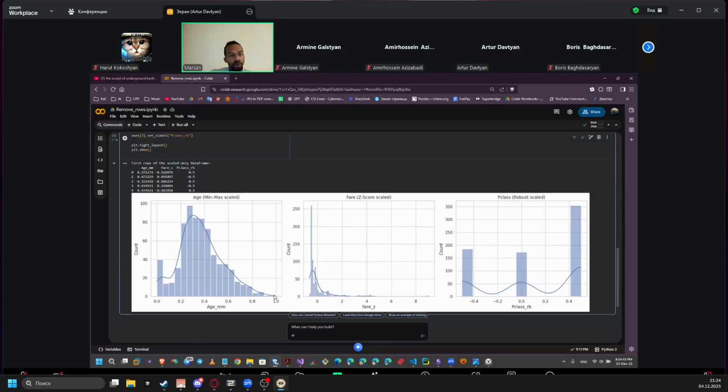I will show you after that the values are not so dispersed in reality, because at the origin, all the ages were approximately between 20 years old and 40 years old. So the dispersion at the basics wasn't so high.